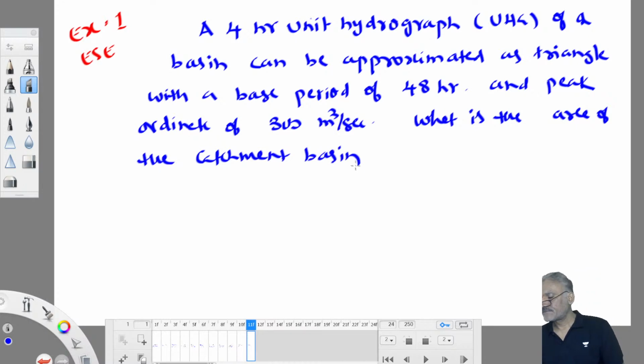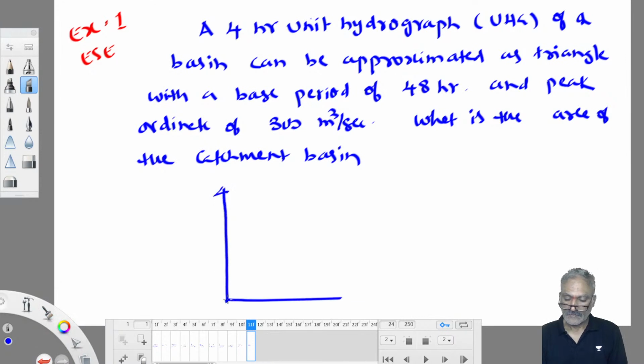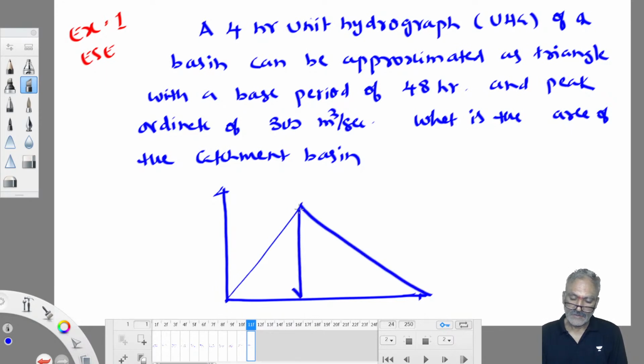Come on, try. Come on, Rahul and all, try this question. So what is given to you is a unit hydrograph in the form of a triangle with a peak discharge of 300 meter cube per second.